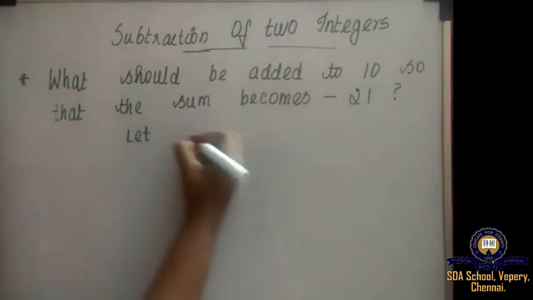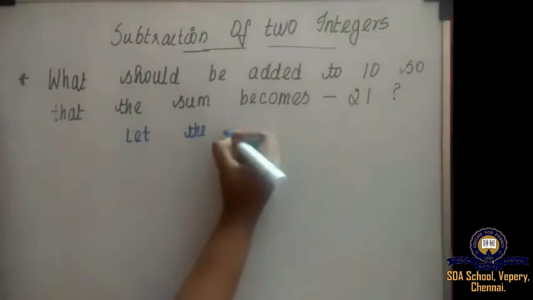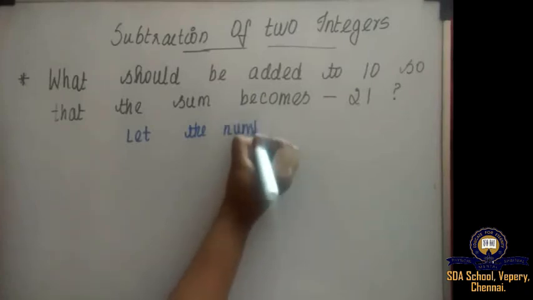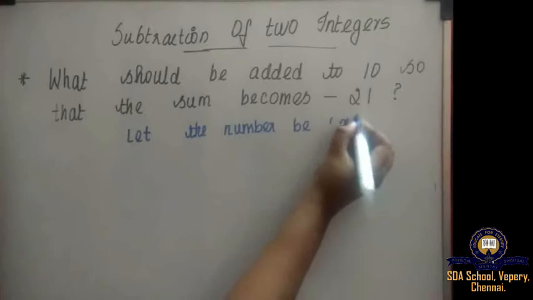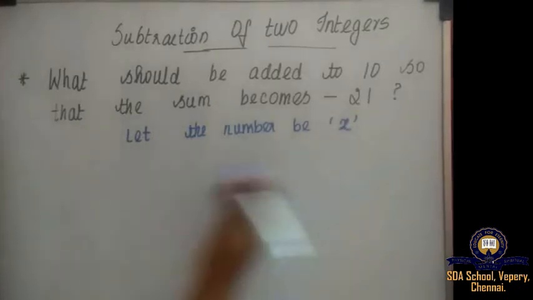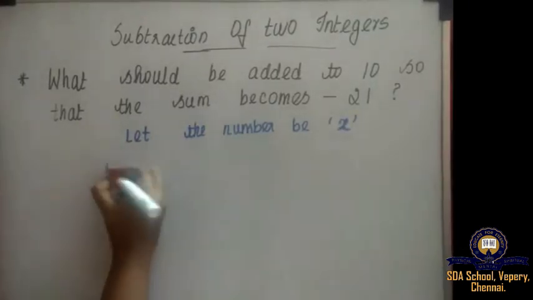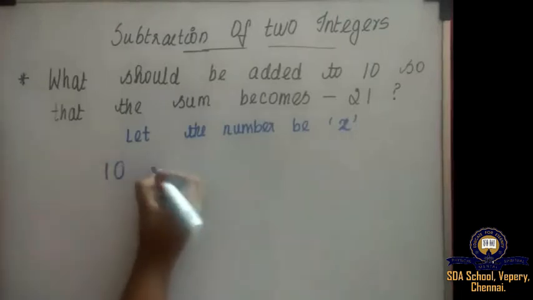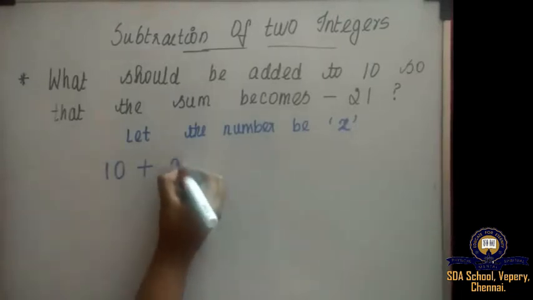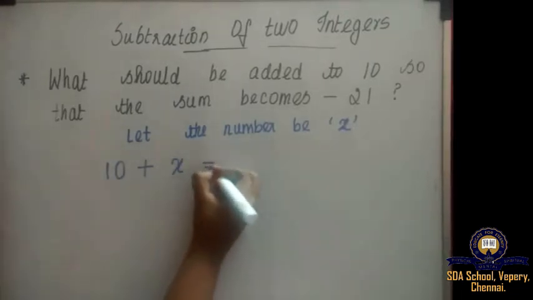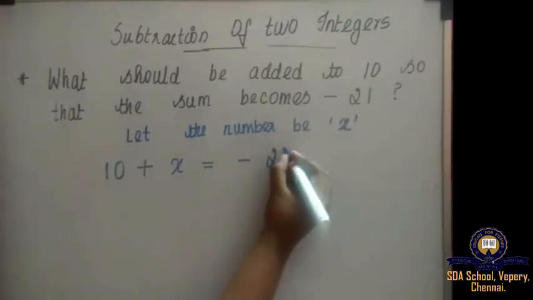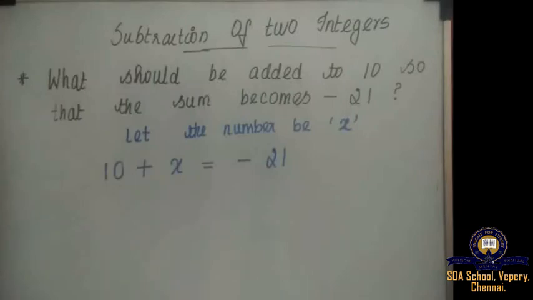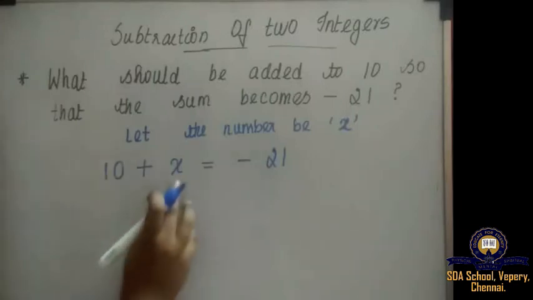So let the number be x. So 10 plus x should give minus 21. So now we have to find the number, that is x.